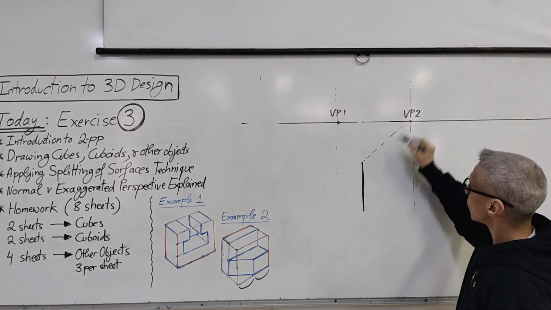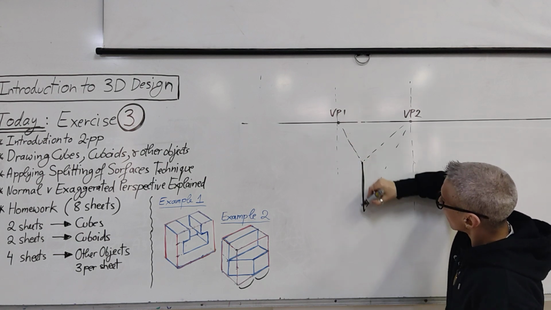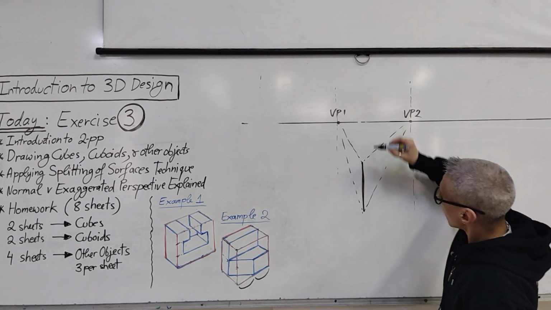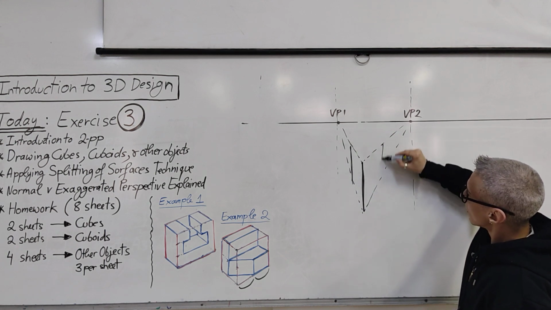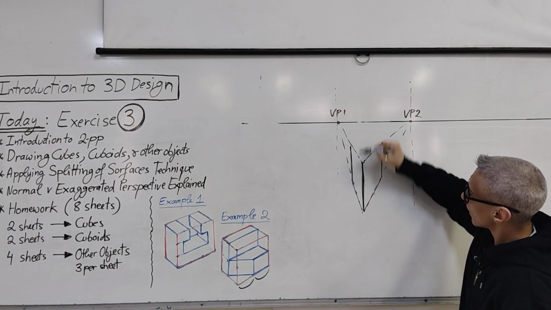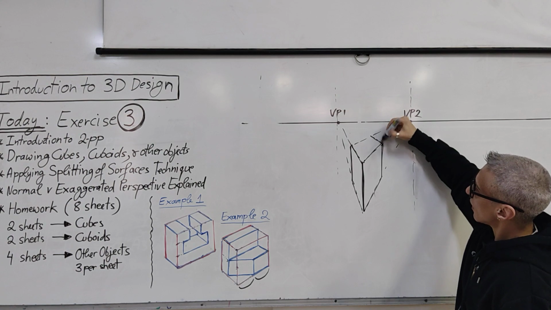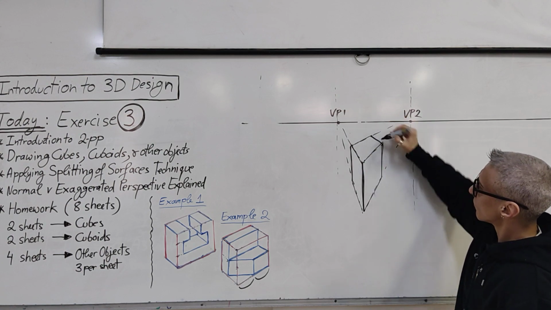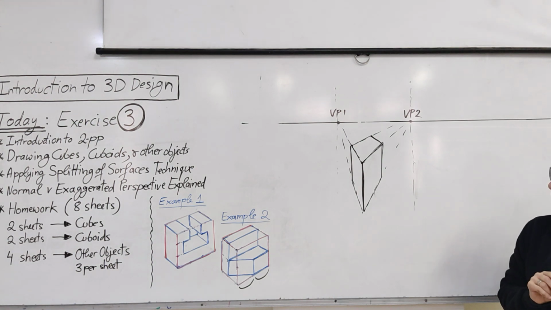Okay, let's take to the vanishing point and see. Decide the two sides. And continue the cube. From here to the vanishing point, from here to the other vanishing point. So look at my cube, how it looks.